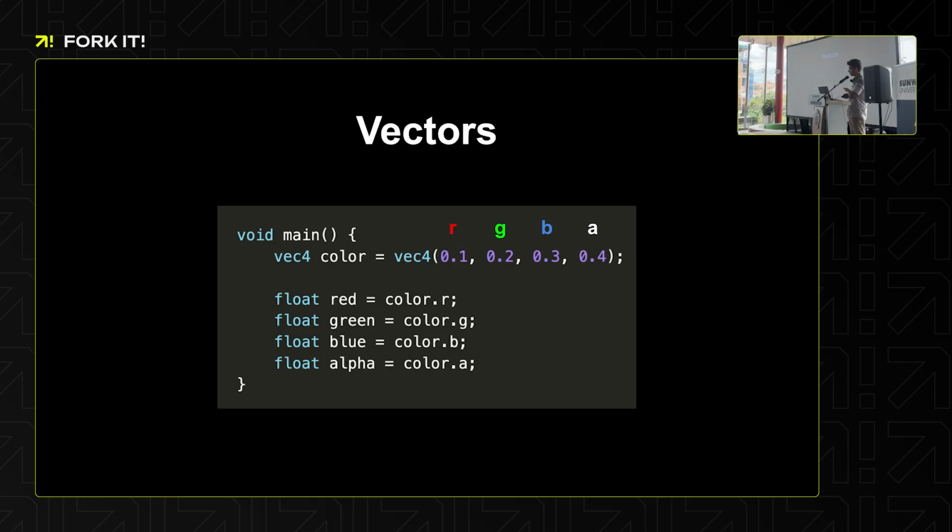As you can see, we can access the red, green, blue and alpha channels. We have 0.1 for the red channel, 0.2 for the green channel, 0.3 for the blue channel, and 0.4 for the alpha. Of course, we need an alpha for the colors. That's why we have the 4-dimensional vector.